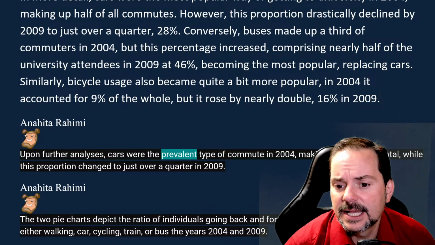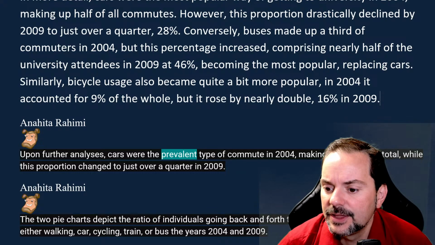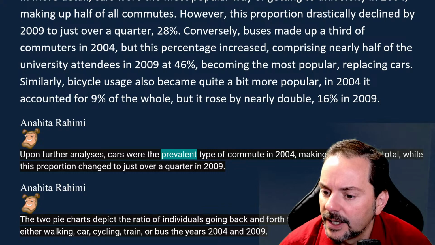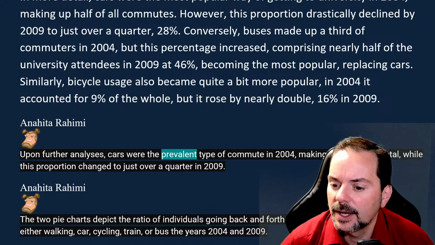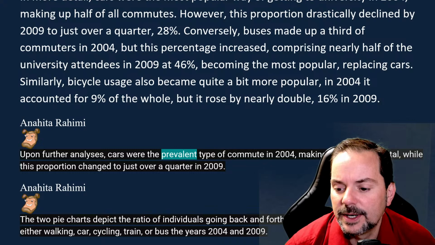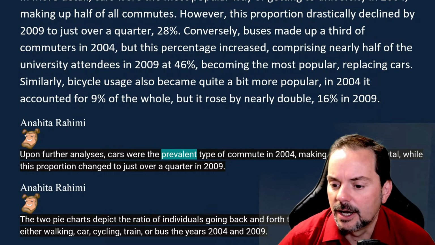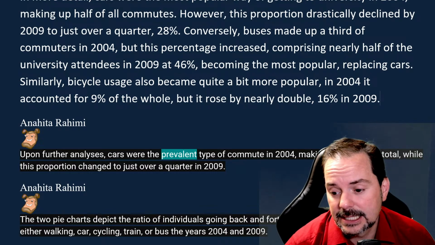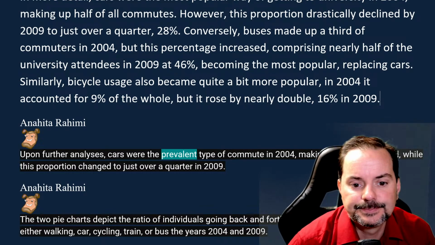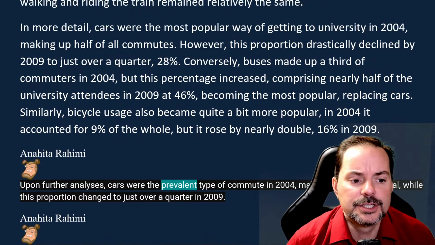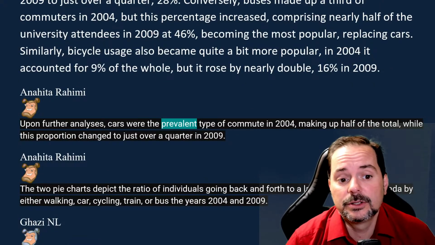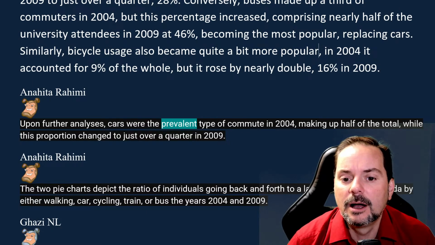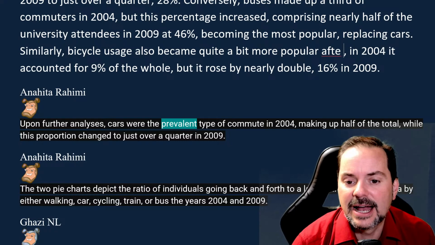Angel, 15% is not a fifth. It's a sixth. Right? Okay. So a fifth is 20%, Angel. 15% is a sixth. Okay. All right. So this is my sentence here. Similarly, bicycle usage also became quite a bit more popular after half a decade.